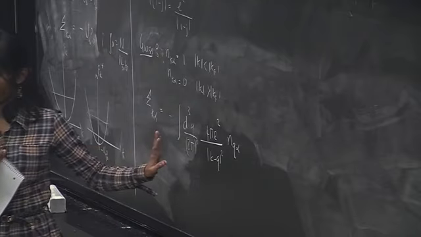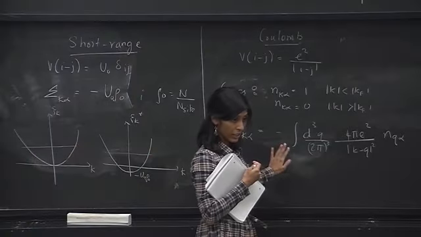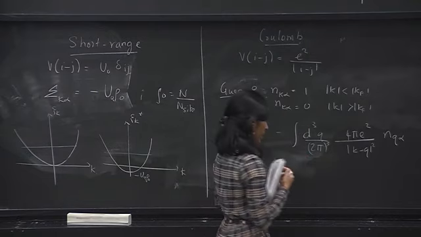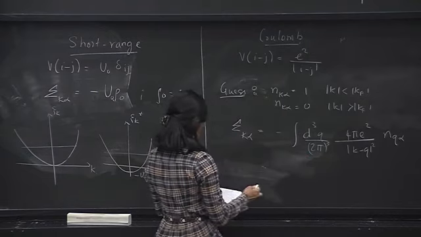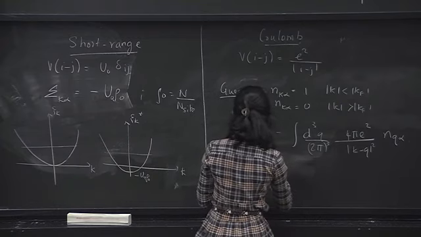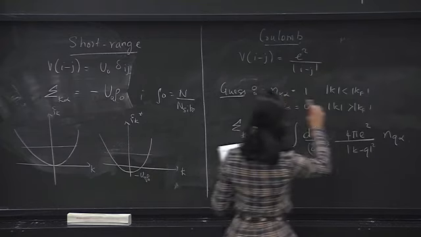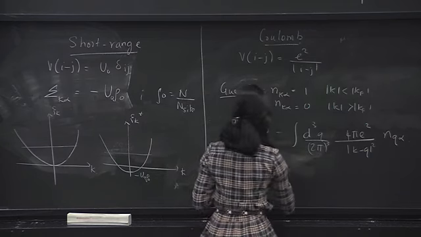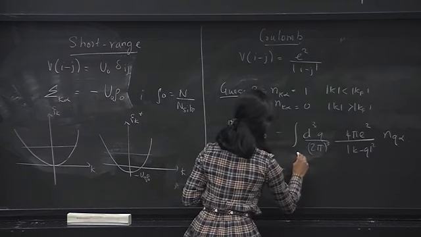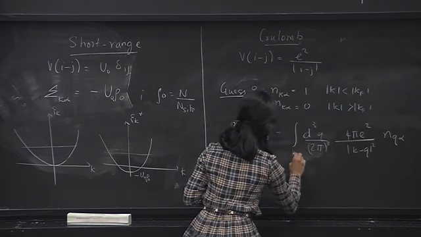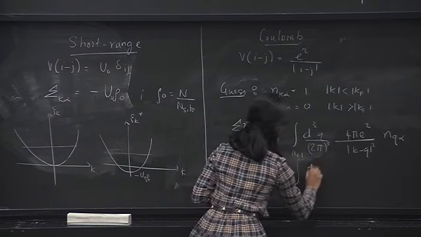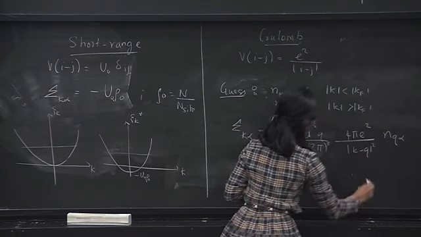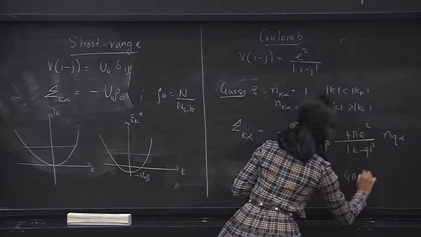Only difference being I've taken the continuum limit, replaced the sum times 1 over volume with the integral. And then I put in my guess that n_q alpha looks like this, which means that I only take the integral up to kF, times this stuff, times 4 pi squared.